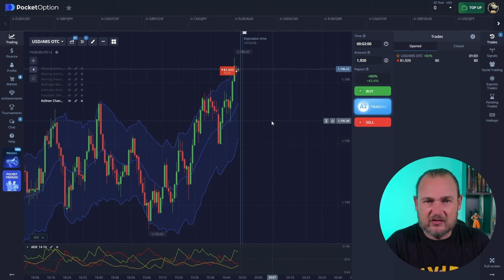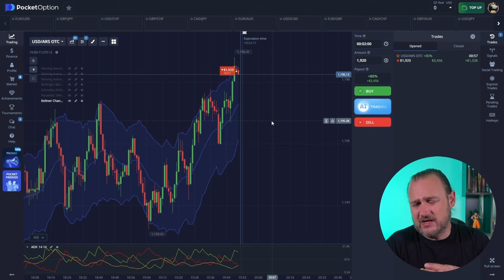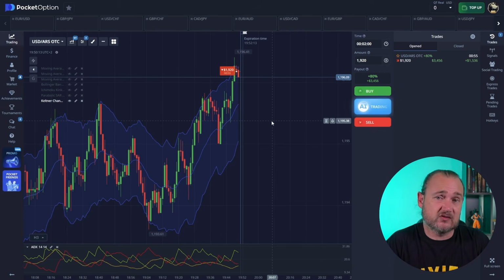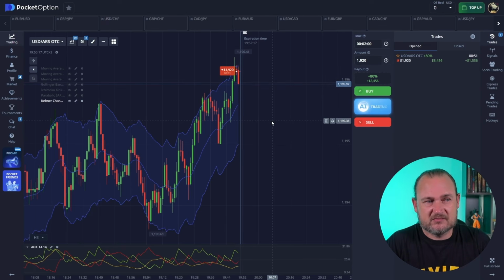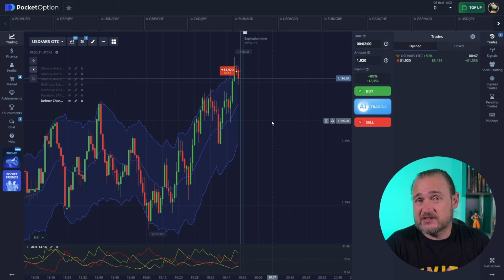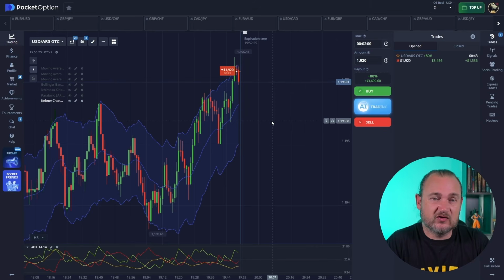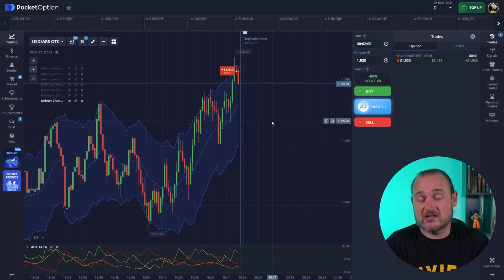But there are going to be times, doesn't matter what strategy you are using, when you're getting plenty of entries, and there's going to be times when you're not getting so much. So just know that it's going to happen, and when it does happen, you're not doing something wrong. You're doing something right. In fact, if you're not getting entries and you're not taking trades, you're actually doing something right.